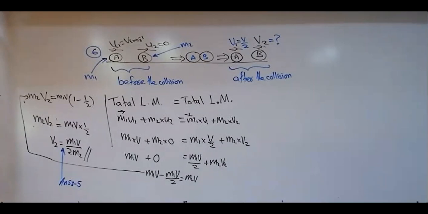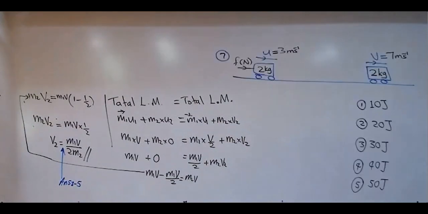Question number 7. A force of F Newton is applied on an object as shown in the following figure. How much work is done by the force? Draw the figure here.